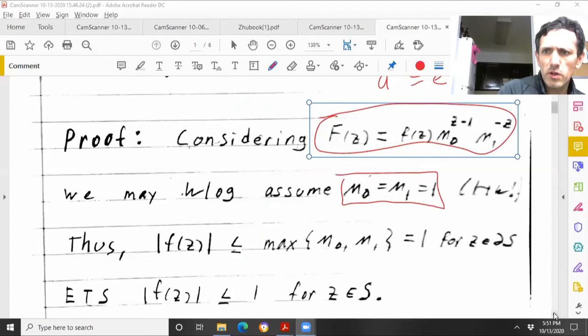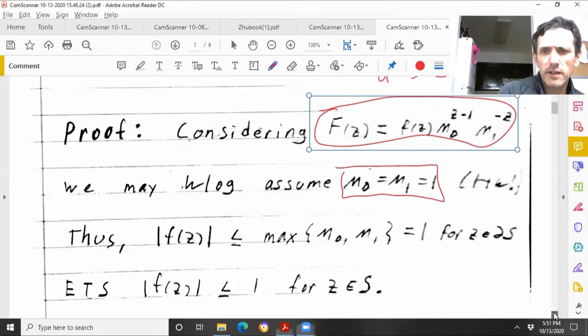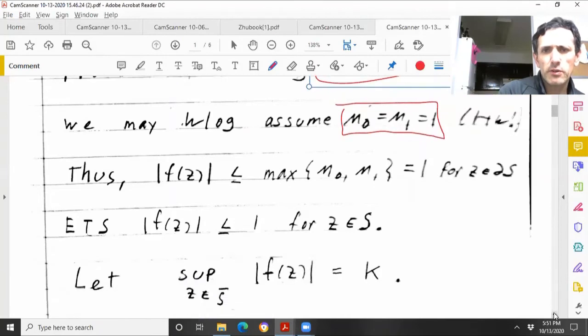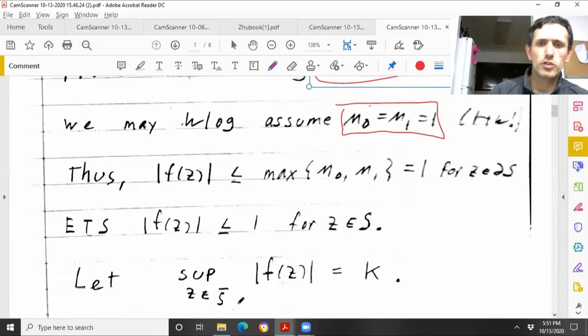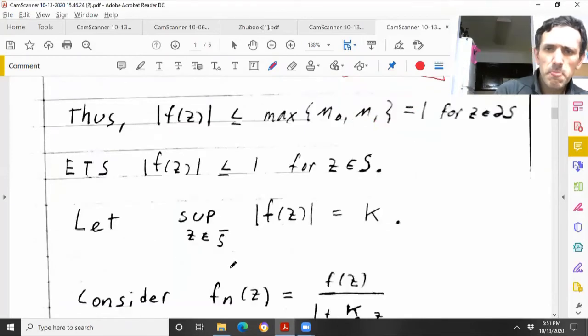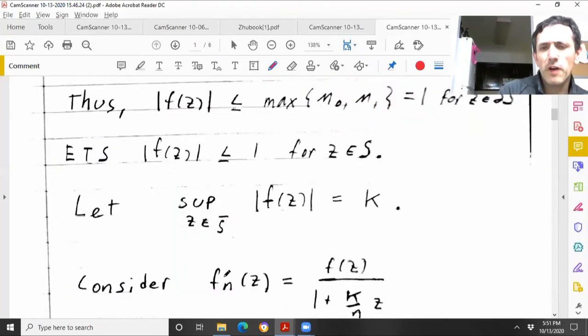So we want to use the maximum modulus principle, but we really need a bounded domain to do that, so we do a little trick here. F is assumed to be bounded on the closed strip, so we let K be the supremum of F along the closed strip. And I'm going to define this function Fn.